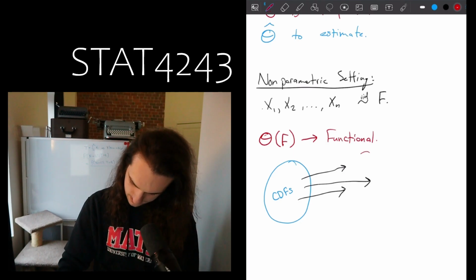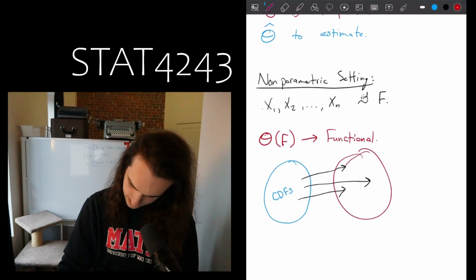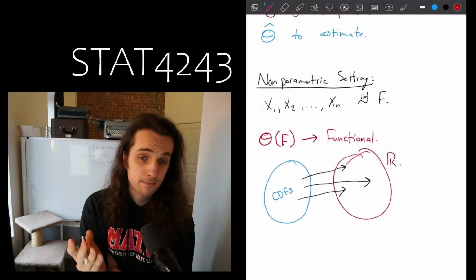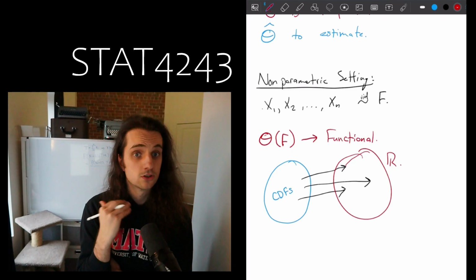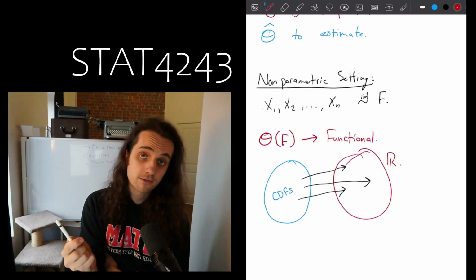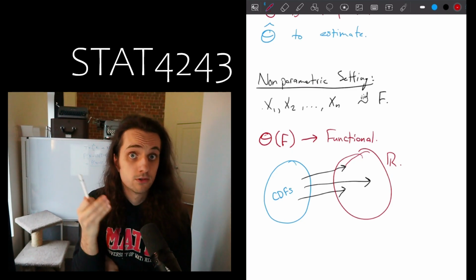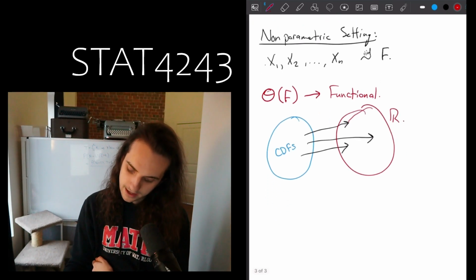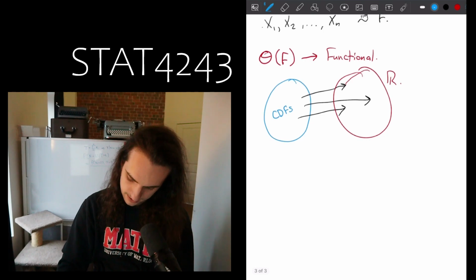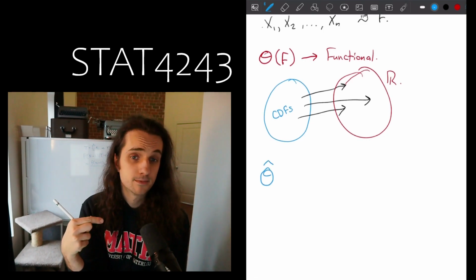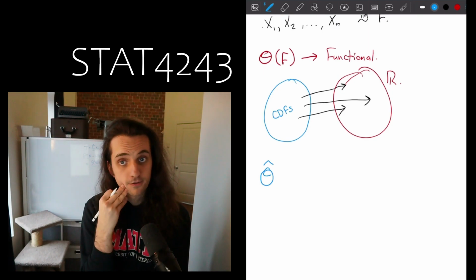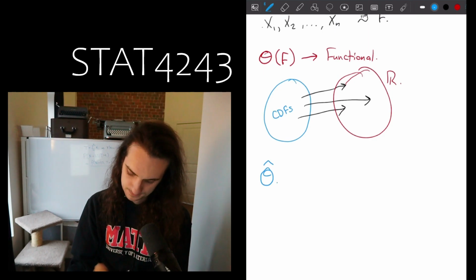We can draw out our circle over here; this circle is our real numbers. So the functionals are mapping from the CDFs to the real numbers. If I give you the CDF, then you apply the functional and you get a real number out of it. And then we still want to come up with theta hat, but theta hat is going to be estimating this functional, where it should work no matter what f is going to be.